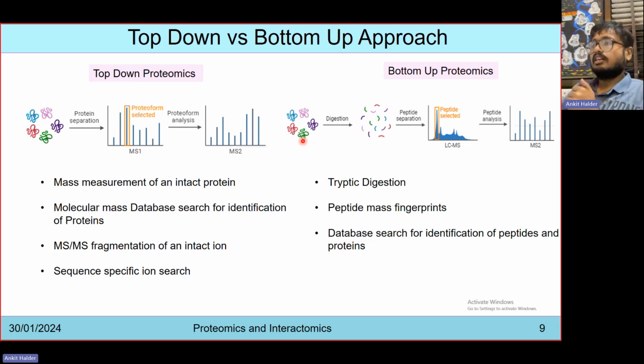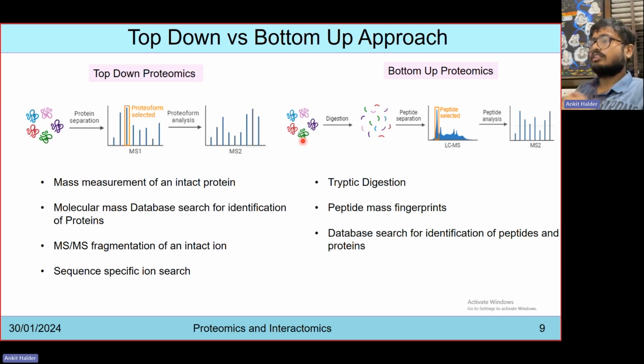So this is the bottom-up approach, where we identify the peptides and do a database search for the identification of our peptides and then the proteins. That's why we started with peptide selection and peptide separation.